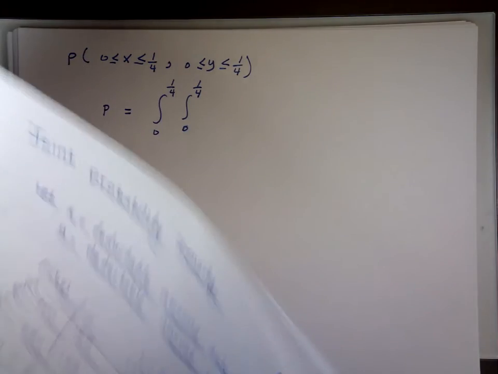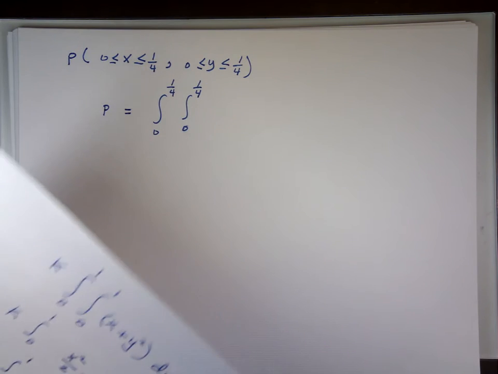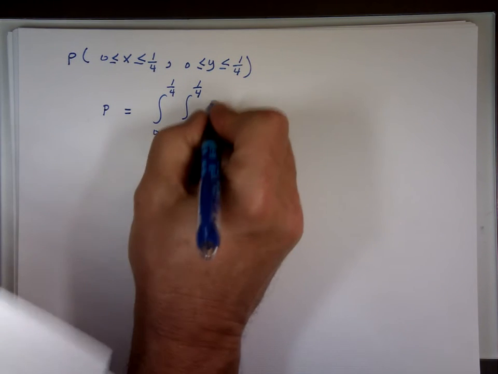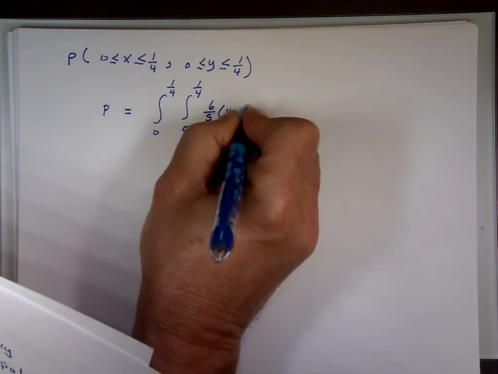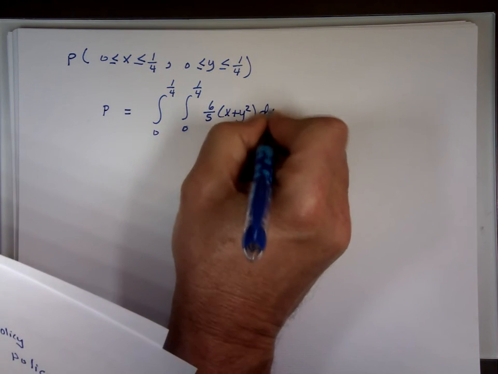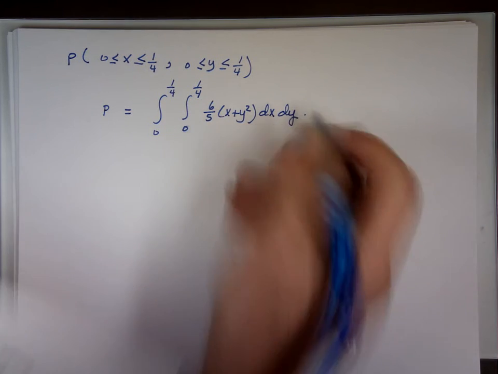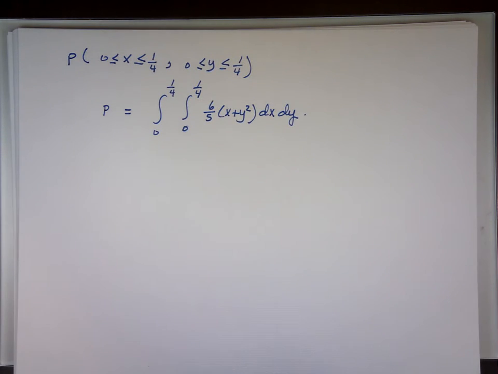Was it 6 over 5? So it's 6 over 5 times x plus y squared dx dy. What is the probability if Bank of America, anytime you walk into it, that you only have to wait less than 15 minutes for either the drive-through or the teller?